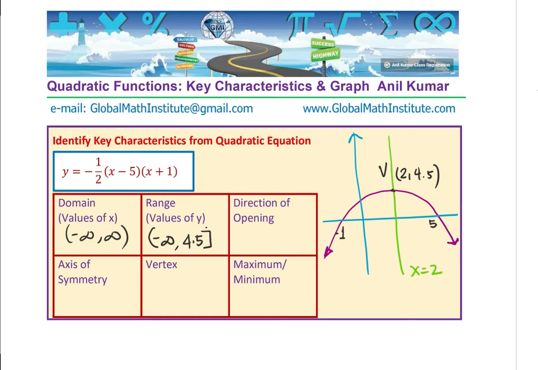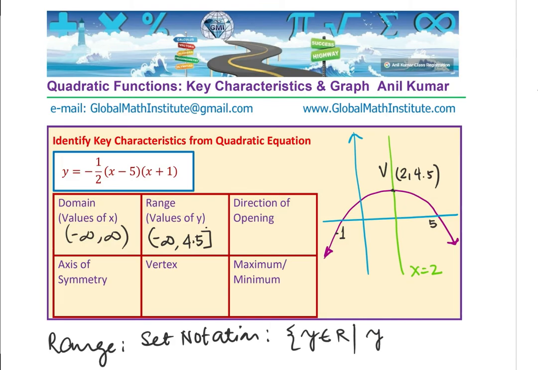You get the idea. Sometimes you would like to write the range as what? So let me write the range in set form. In set notation, the range will be given to you as all values of y belonging to real numbers, where y is less than or equal to 4.5. Is that clear to you?